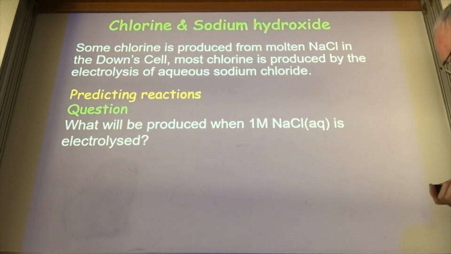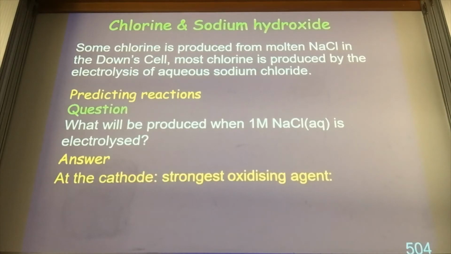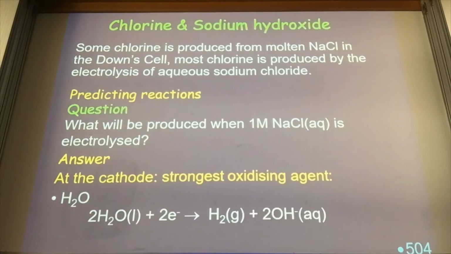So if we look at 1 mole of sodium chloride, as I think we did before, we see that at the cathode we get water being reduced. That's pretty straightforward. We get hydroxide ions produced. That gives us sodium hydroxide, of course.